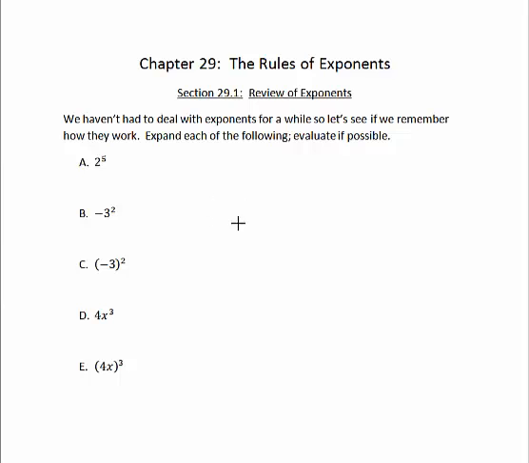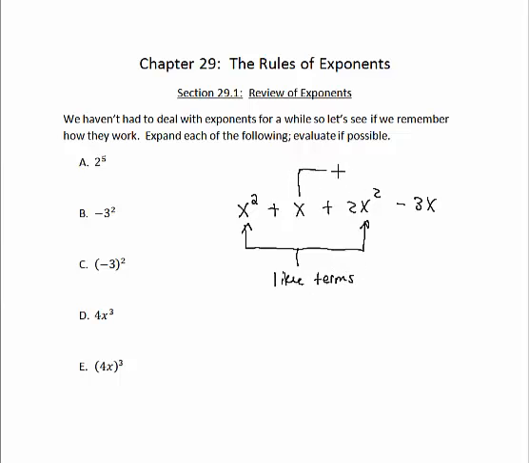The only other situation where we've dealt with exponents is, for instance, if we have an expression like this, several instances of the same variable but with different exponents, then what we know is that in order to combine like terms, we have to have the same variable and exponent, and so these are like terms, as well as these two terms are like.